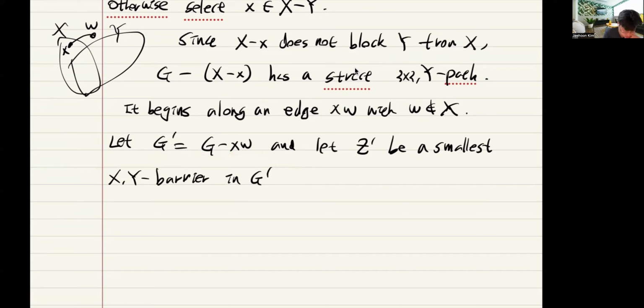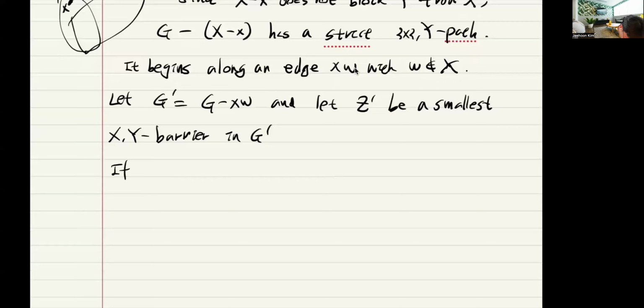We consider some cases on whether the smallest barrier in G prime has size at most K minus 1 or K. If this has size at most K minus 1, we can add W to get a barrier of size K in the original graph G, because deleting this edge or deleting this vertex have the same effect. Only deleting the vertex has a stronger effect. And so if G prime is smaller, then we will do that.